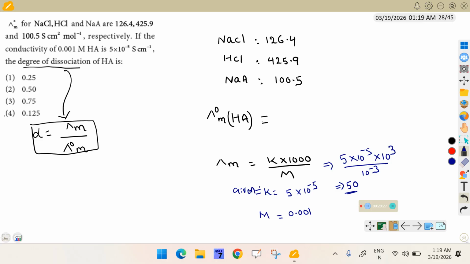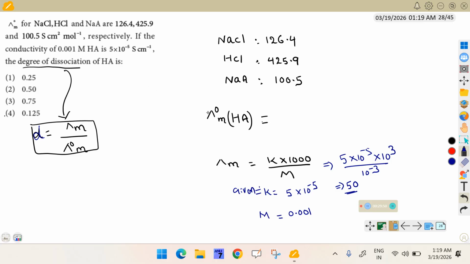Calculate the degree of dissociation. Data is given, by using the data calculate the degree of dissociation. Degree of dissociation, alpha, equals Λm by Λ°m. First calculate Λ°m by using the data. NaCl Λ°m value is given, HCl Λ°m value is given, NaA Λ°m value is given.